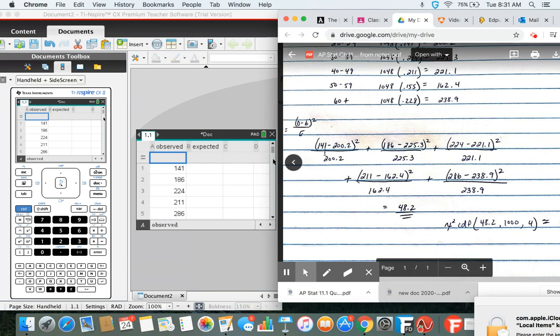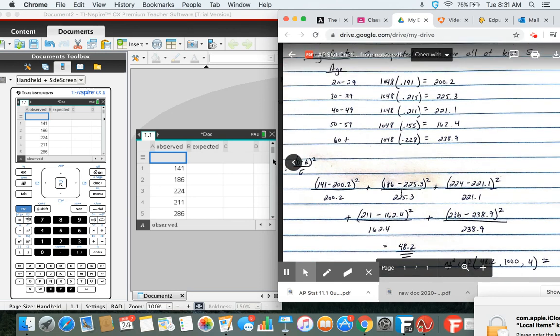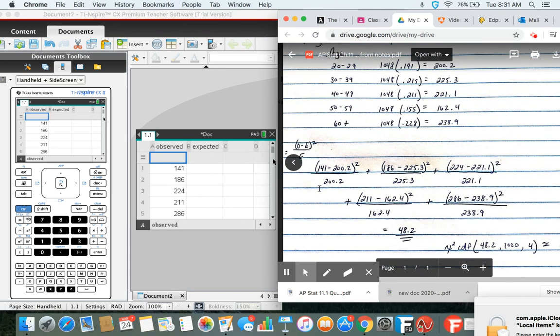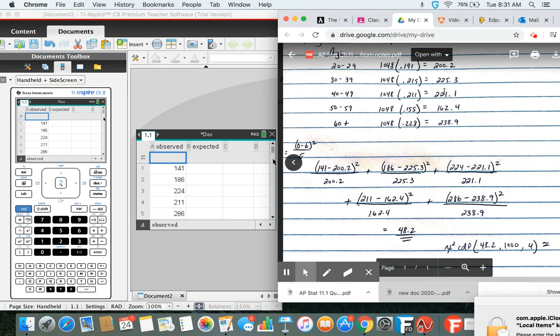So you would take each age group, their observed count, minus what we found to be the expected count, and square it, then divide by the expected. So the observed numbers would be given to you in the problem. The 141 20-year-olds, the 186 30-year-olds, the 224 40-year-olds, okay? And then the expected counts that we found using the percentage breakdown would also be included here.